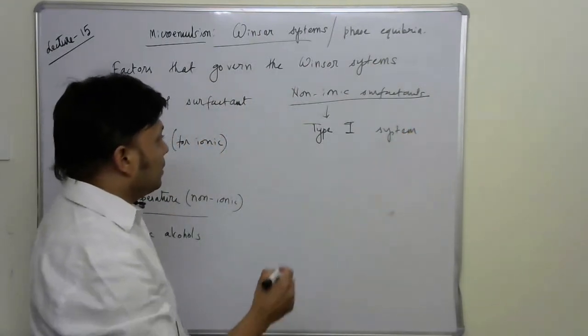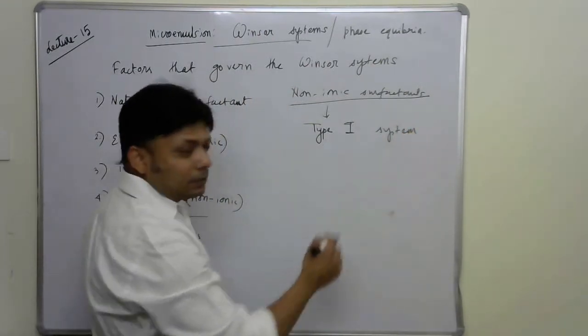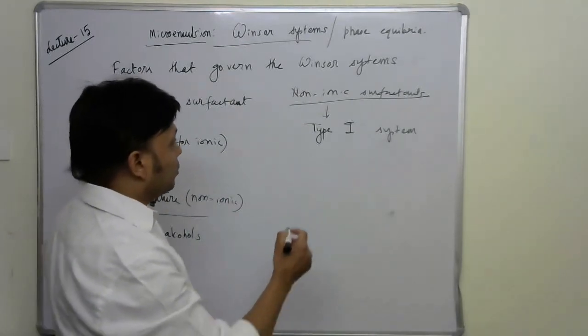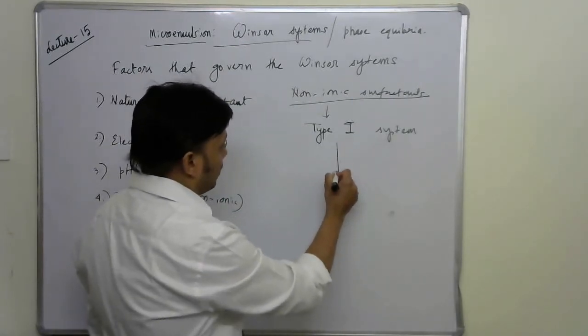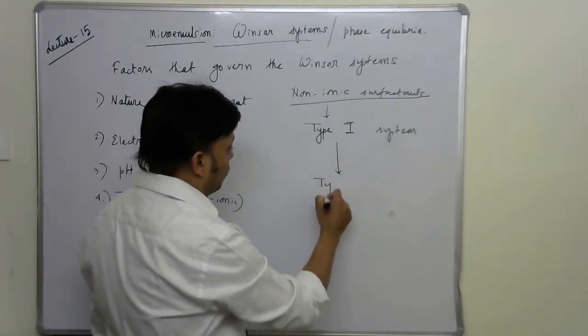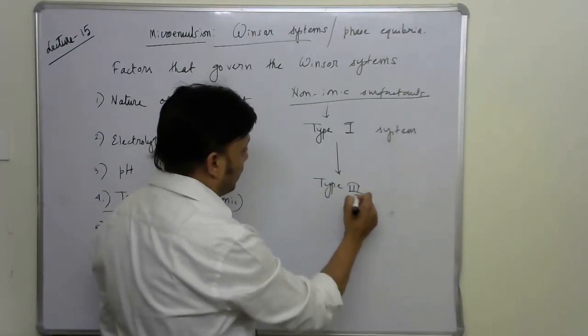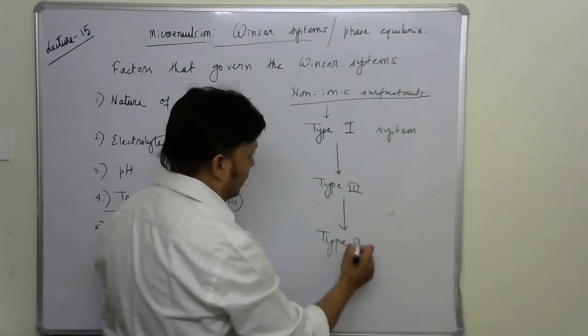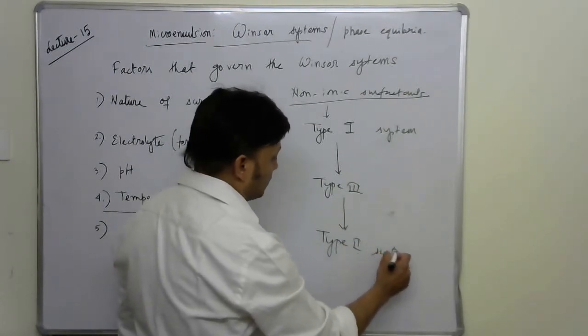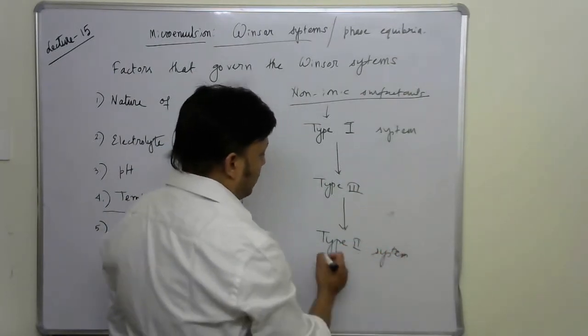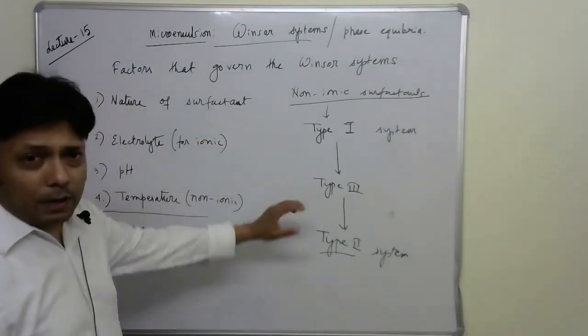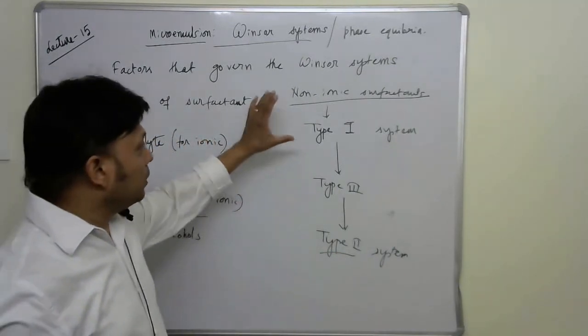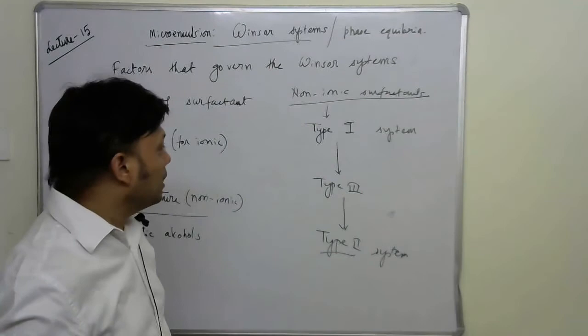And if we increase the temperature gradually, this type 1 system would first change into type 3, and then it would finally settle into the type 2 system.